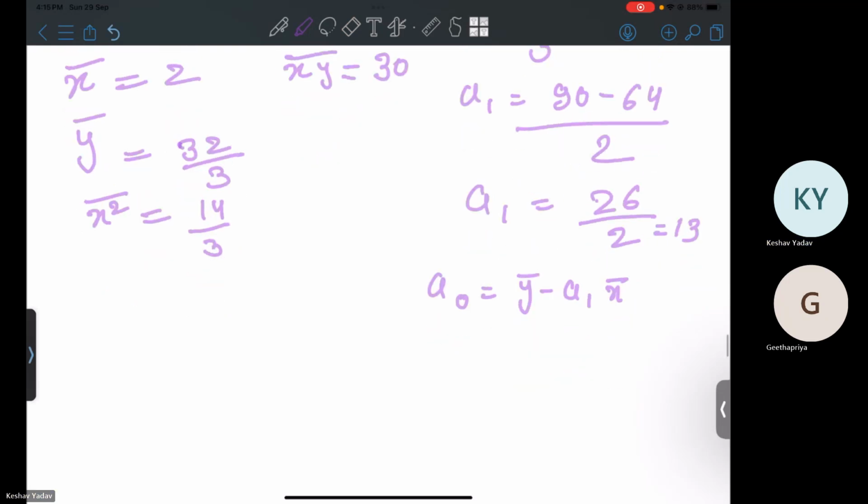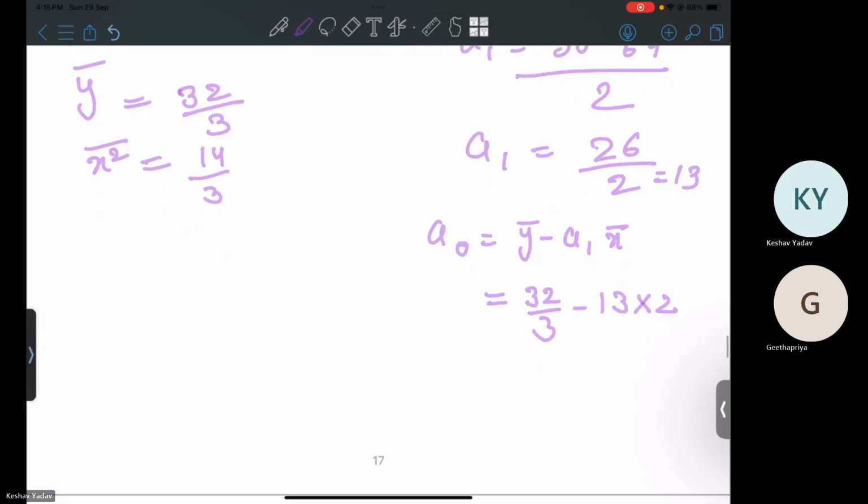Y bar is 32 by 3 minus 13 multiplied by 2.